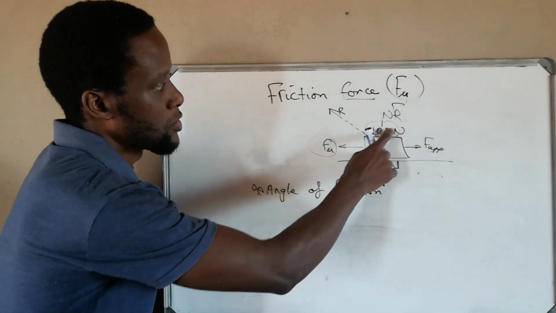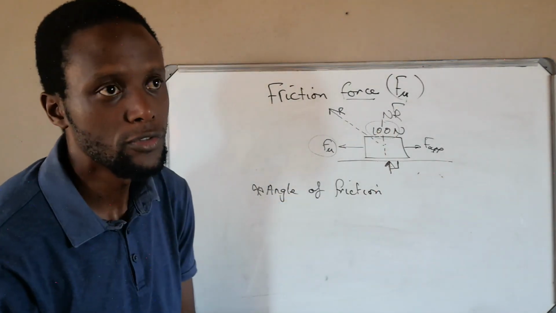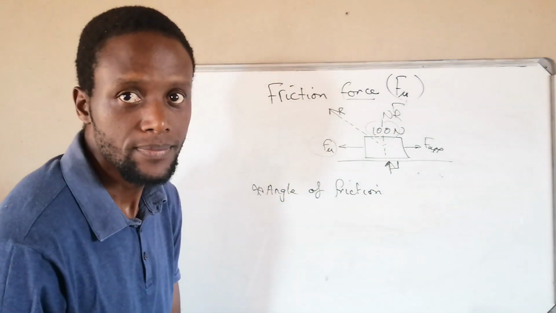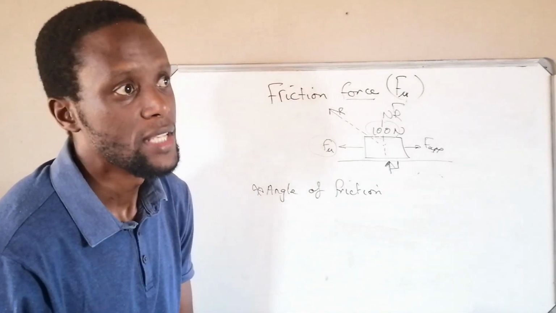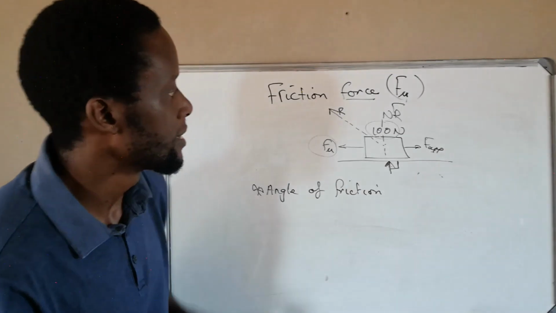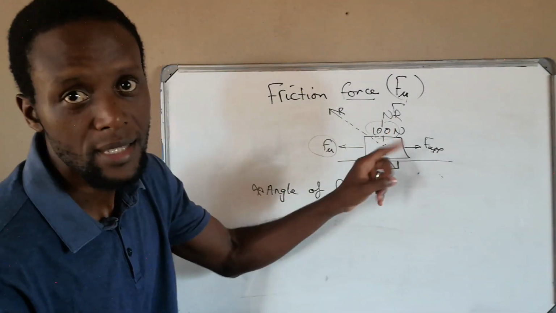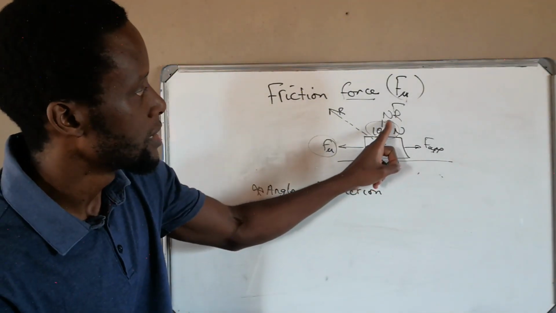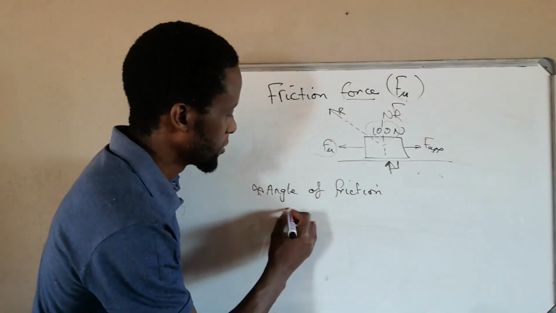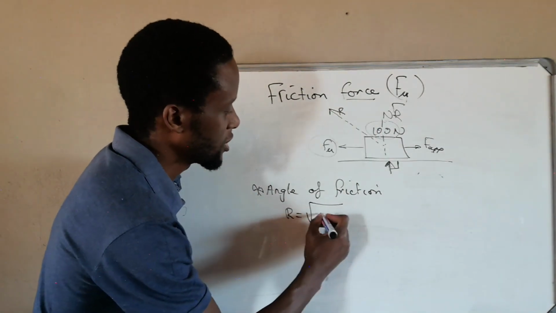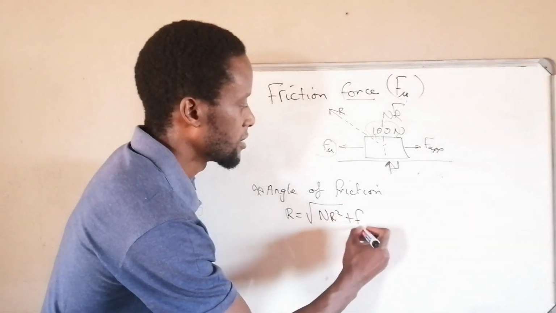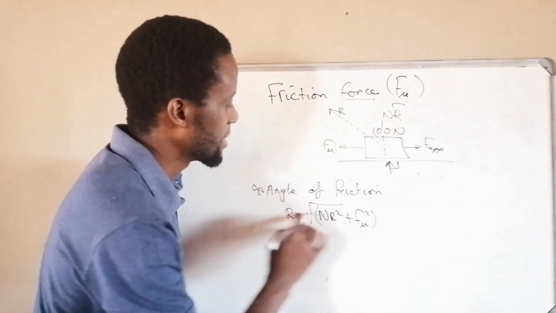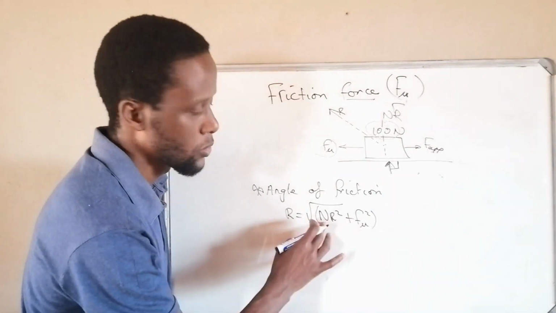The resultant of these two forces should have been covered under forces. In this case, you just do your Pythagoras theorem. For the resultant, we have the normal reaction squared, plus your friction force squared, then you get the resultant of these two.